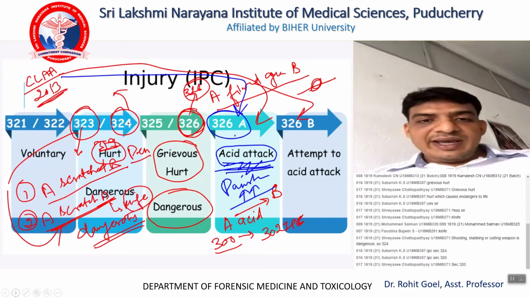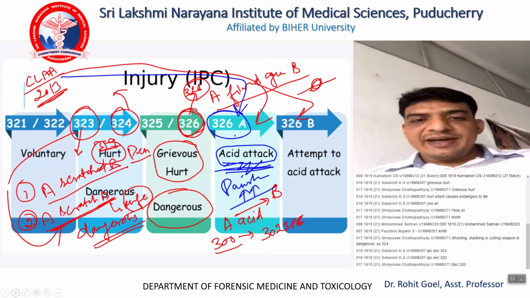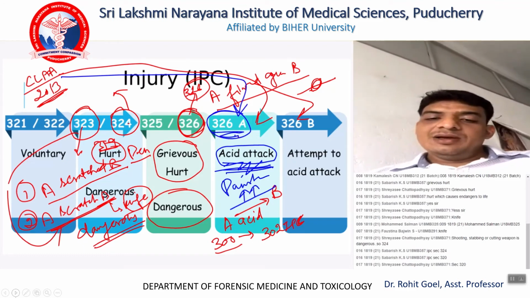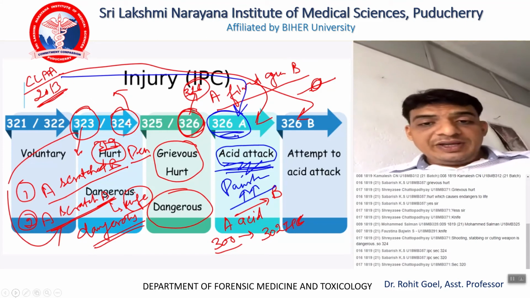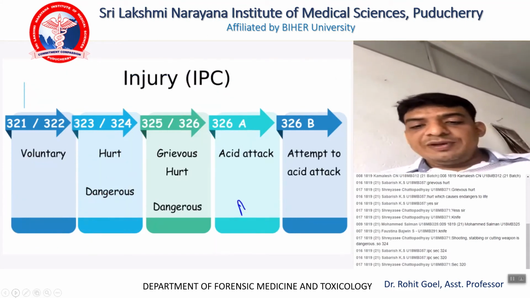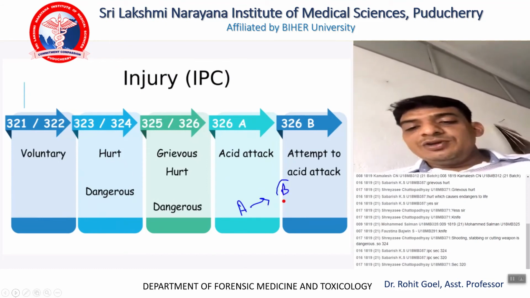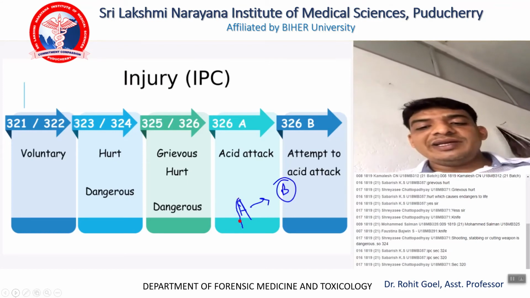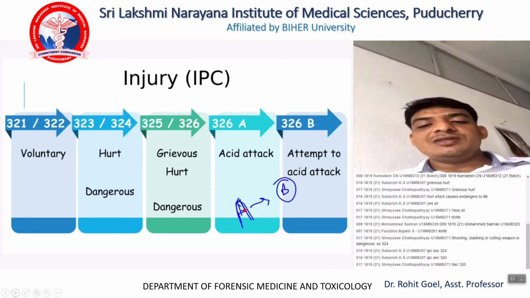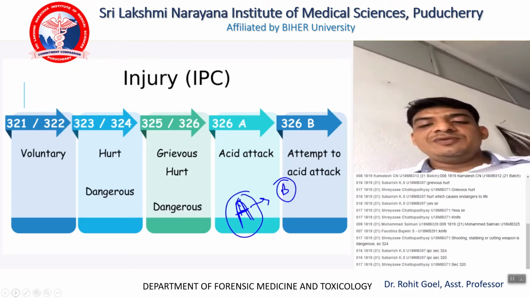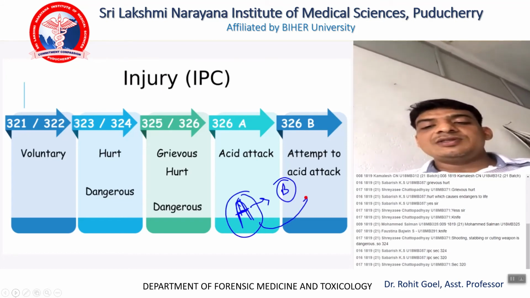Somebody who has inflicted acid attack injury will be prosecuted under section 326A. Whereas even if A threw acid on B, even if B did not sustain any injury, the act of A throwing acid itself is legally punishable. This punishment was introduced by section 326B.